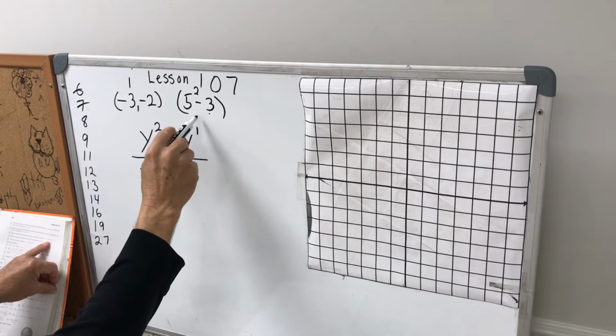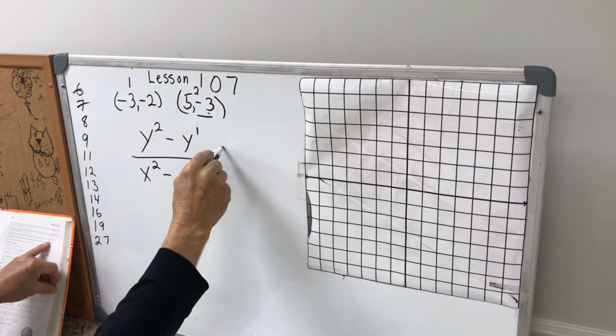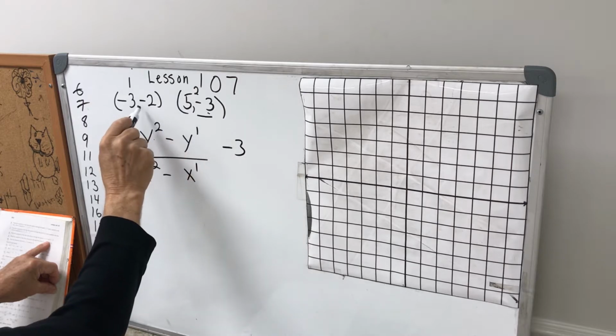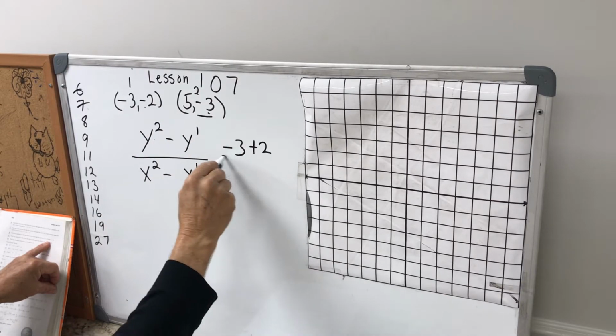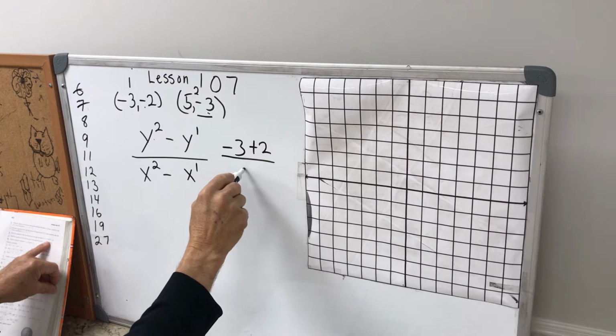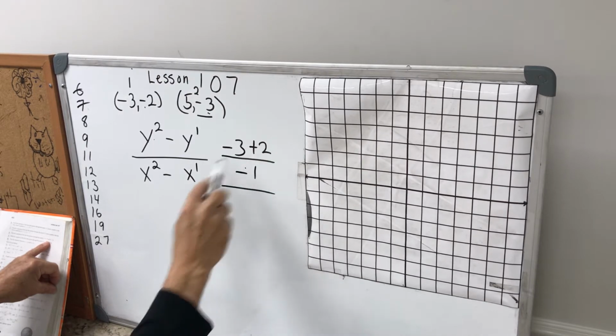Y2, this is your y position. Is that correct? Y position is -3, minus the y position over here, which is -2, and if you say minus -2, then it's going to be a +2, which equals a -1.